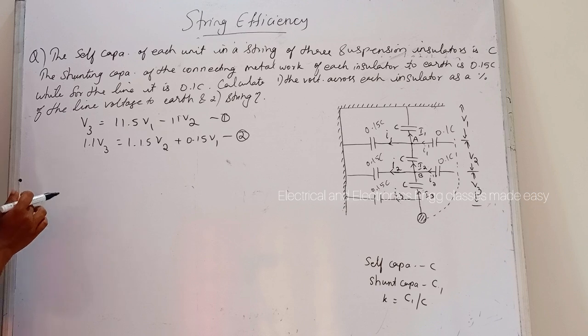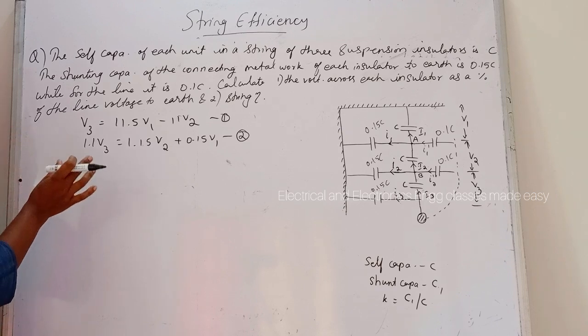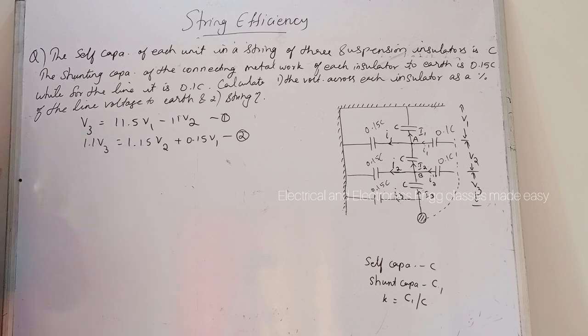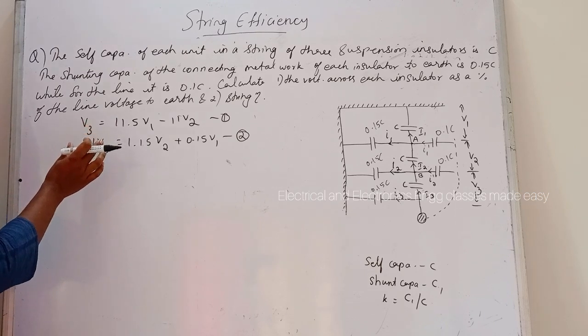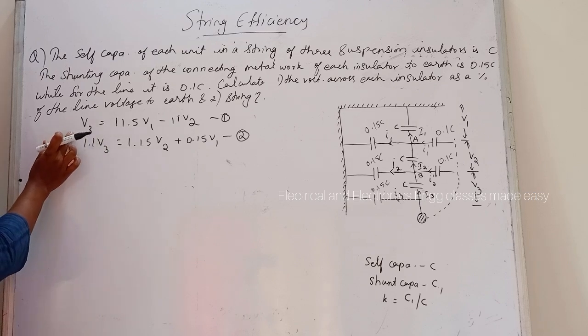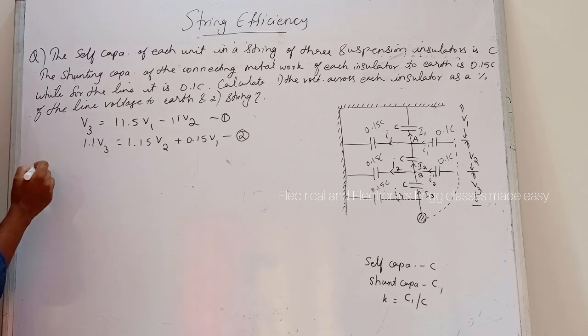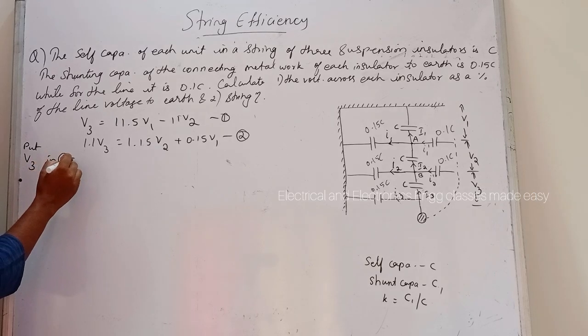Now here we have to find the values of V2 and V3 in terms of V1. So for that, substitute the value of V3 from equation 1 into equation number 2.